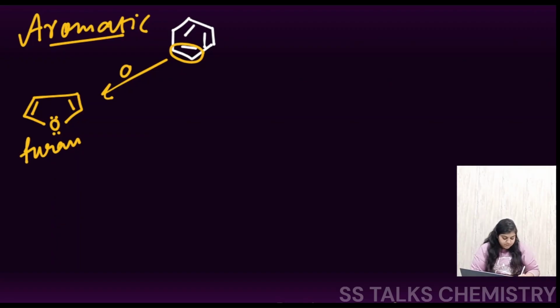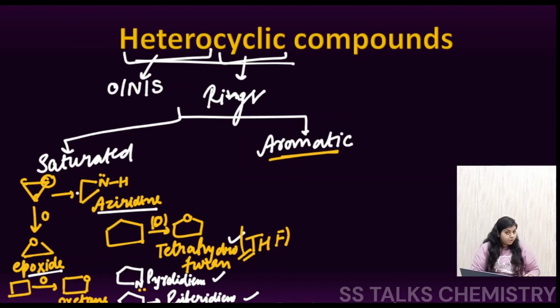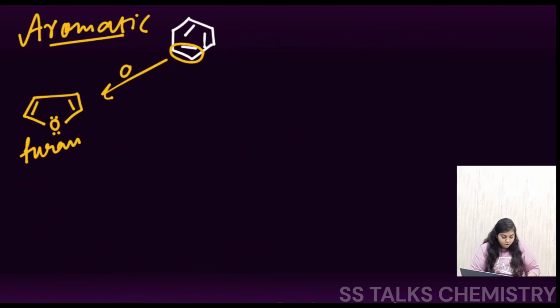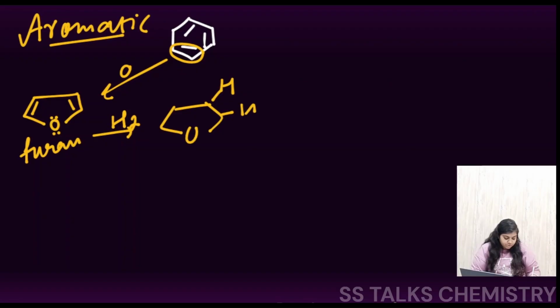In the previous case, it was tetrahydrofuran, which was the five-membered ring containing oxygen. Here also we have a five-membered ring, but in the previous case, suppose I do hydrogenation, the alkenes are converted into this saturated species. So if hydrogen addition is done, it becomes THF.